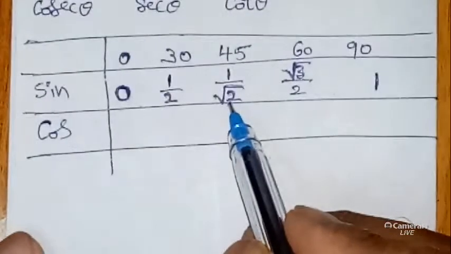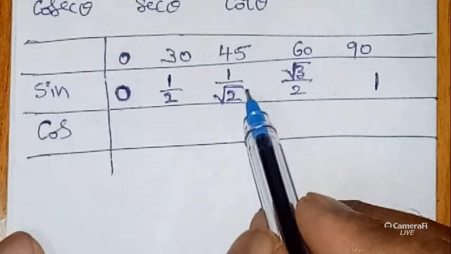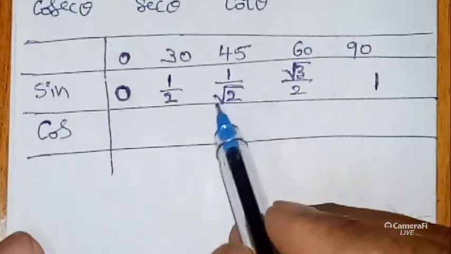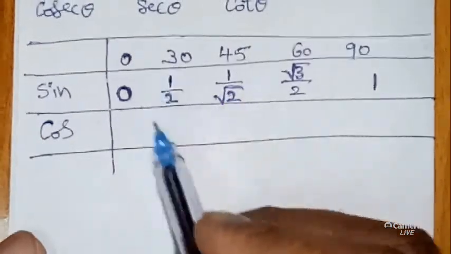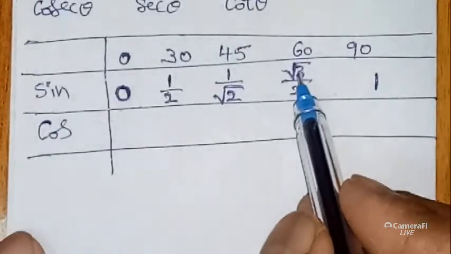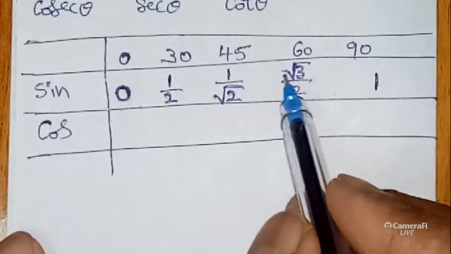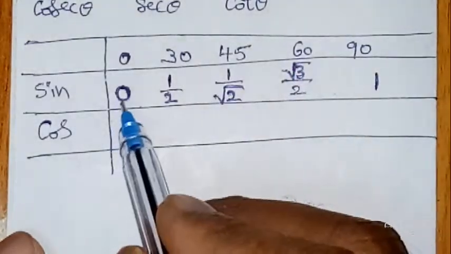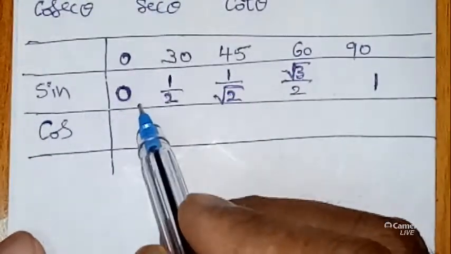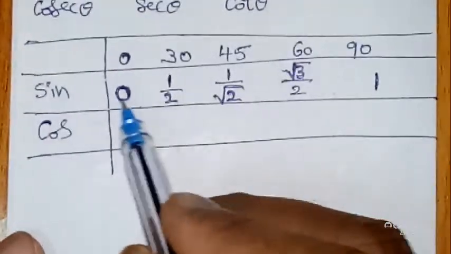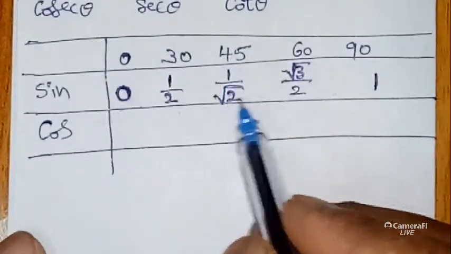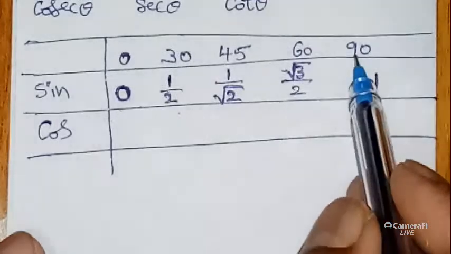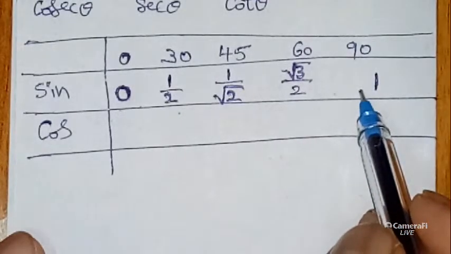The same part is 1 by 2, but with root in the denominator, so 1 by root 2. The same 1 by 2 here, but 1 converted to root 3, so root 3 by 2. So sine 0 is 0, sine 30 is 1 by 2, sine 45 is 1 by root 2, sine 60 is root 3 by 2, sine 90 is 1.